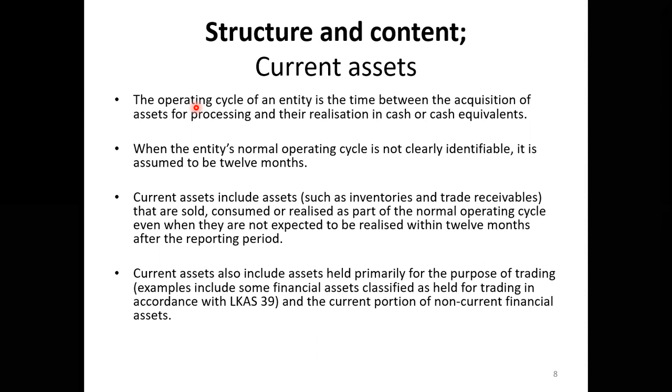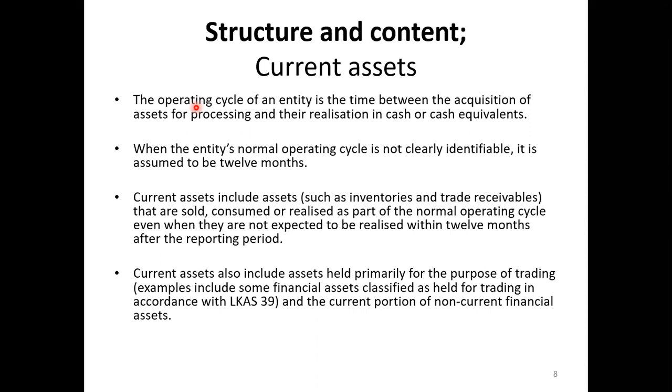The inventories will be kept in the warehouse, then entered into the machinery for processing, and considered as work in progress, and then converted into finished goods. The finished goods will be stored in the warehouse for a period of time, and then sold to the customers.